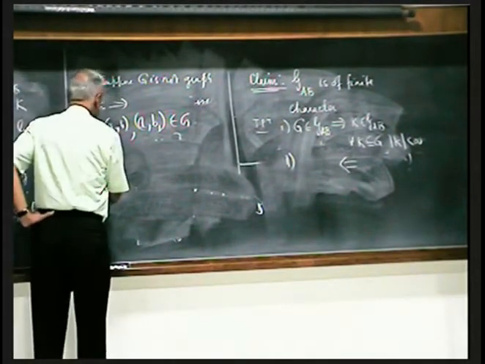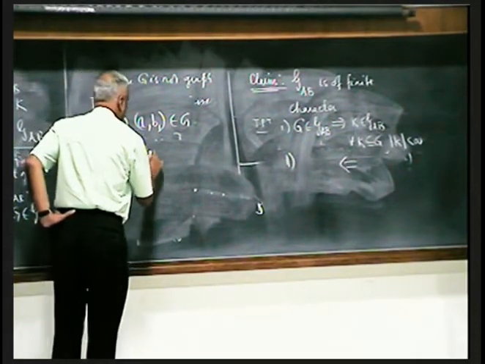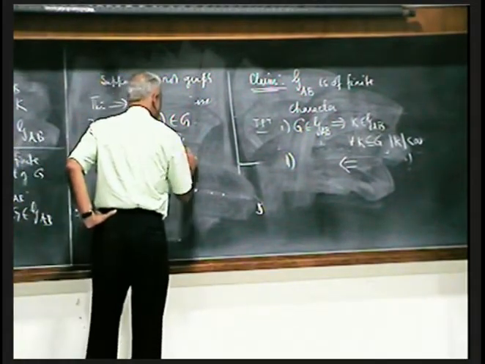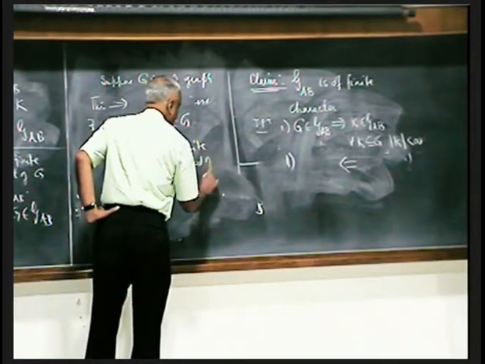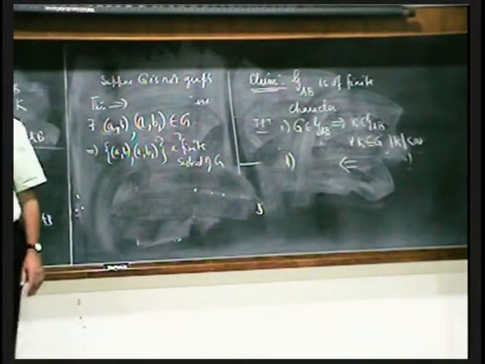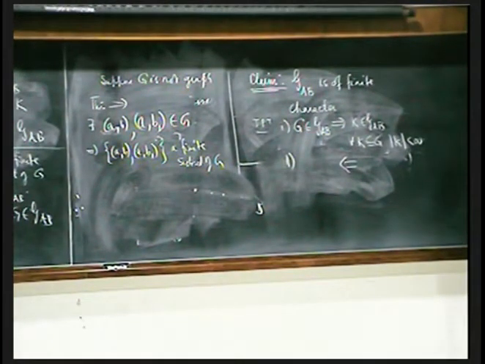Now, this is a finite subset of G. But every finite subset of G is in the family, as given. Therefore, this must be a graph. But is this a graph? It cannot be the graph of a function because at a it takes two values.